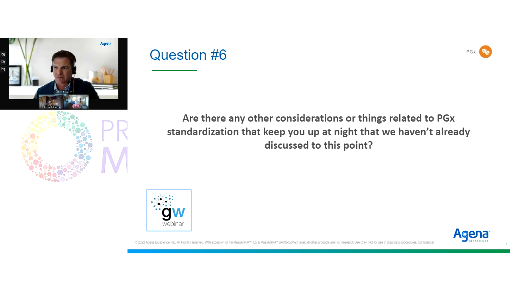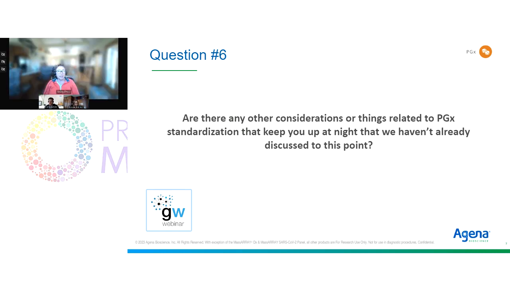There's a couple things that keep me up at night. Some of the things that I worry about is tests out there or labs that aren't testing appropriately a pan-ethnic population, that are only testing white variants.